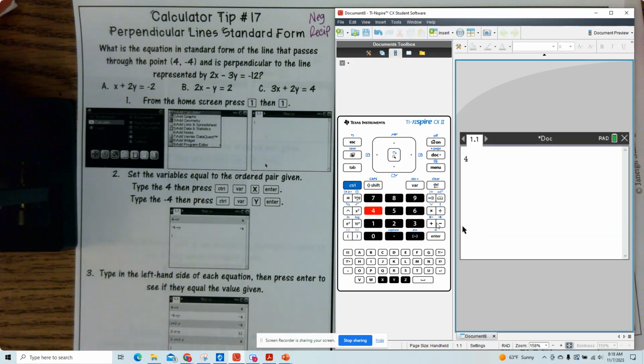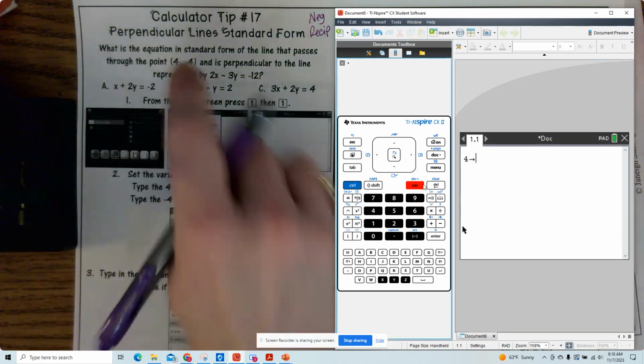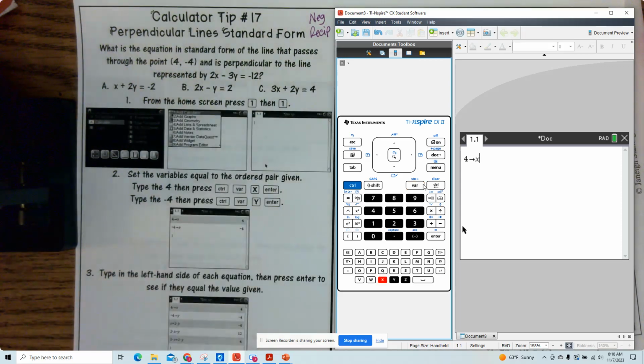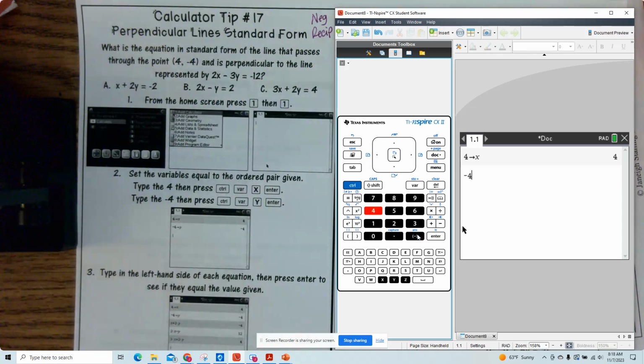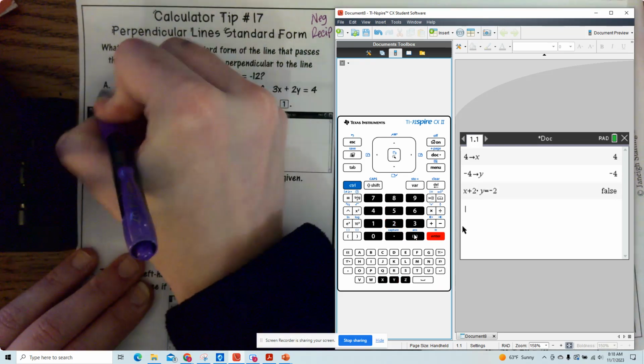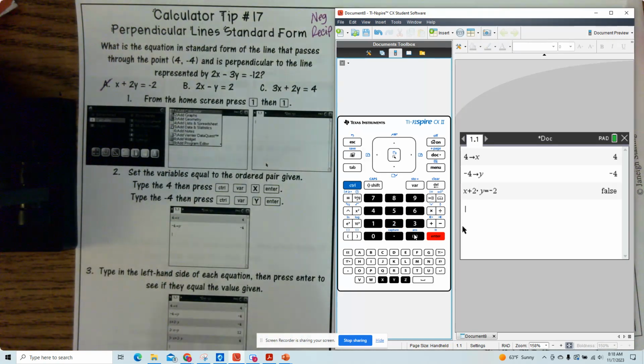So I've got 4, control var, okay, there's my x, and then -4, that's this one, control var y. And then I type my answer choices in. Equals -2. False. Doesn't go through that point, so A is out.